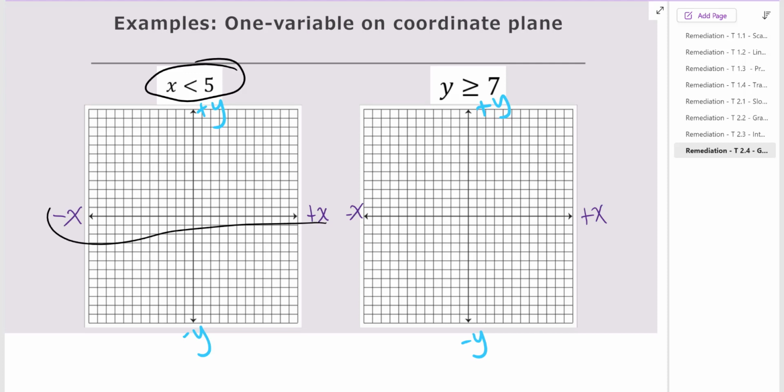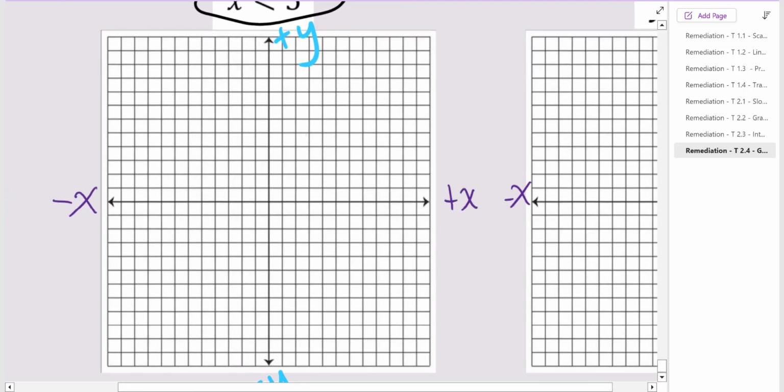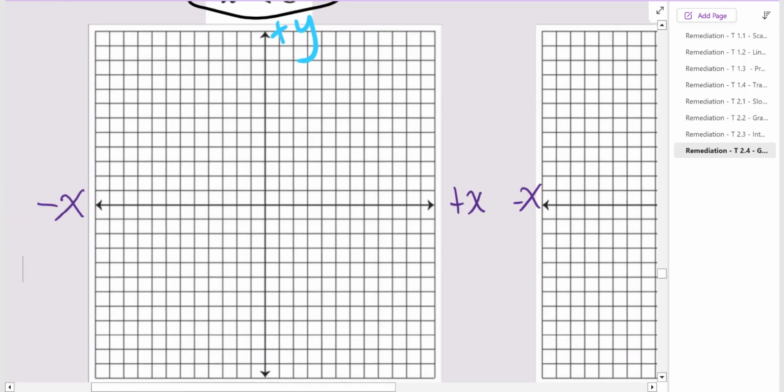Okay, x is right here. X está aquí. Where is positive 5? ¿Dónde está positivo 5? So if I look, positive 5 is, this is 0 in the middle. I say cero en el medio, 0. Then we have 1, 2, 3, 4, 5. So esta línea vertical is 5.